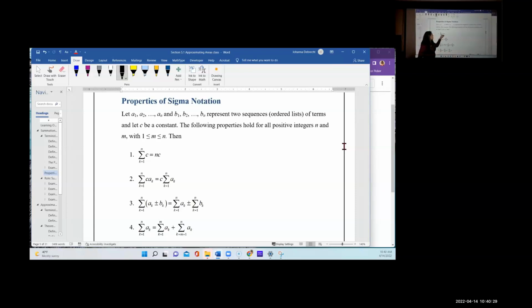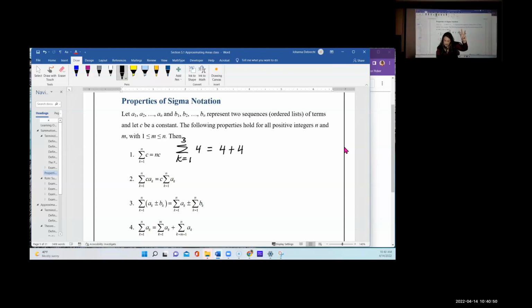If there's a constant on this one, this basically means that you have the sum. Let's say I had the sum from k equal 1 to 3 of 4. That means when k is 1, I write 4. Then k is 2, and I write 4.